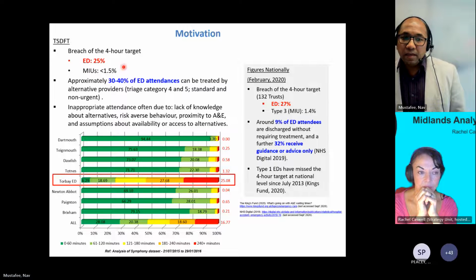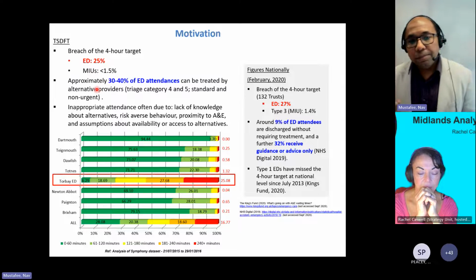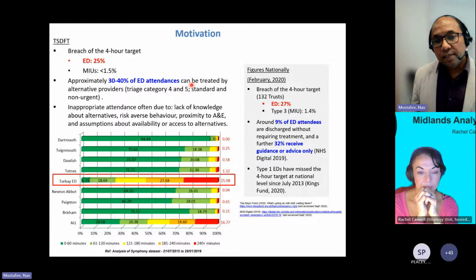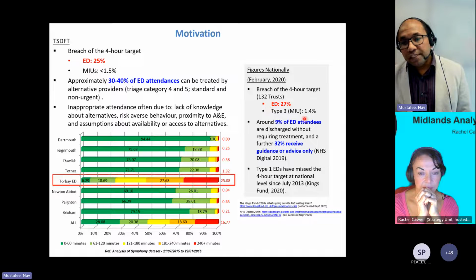Now, we did a survey in Torbay and South Devon, from secondary data, of how many people didn't really need to be there. We found that during 2015-16, 30 to 40% of ED attendees were given a triage category of 4 or 5, which again matches up somewhat to the national picture of 132 trusts.